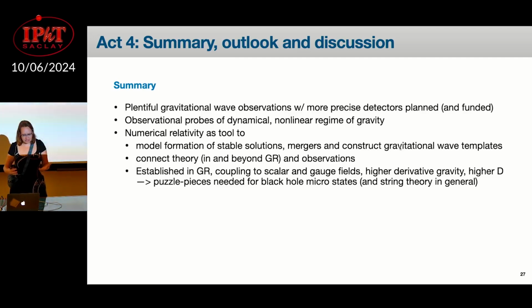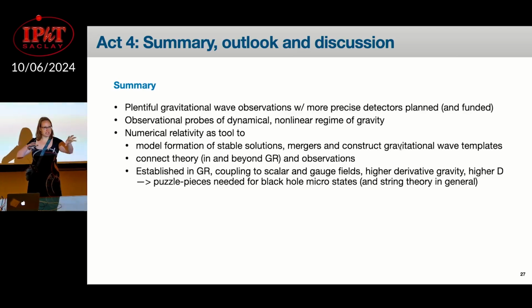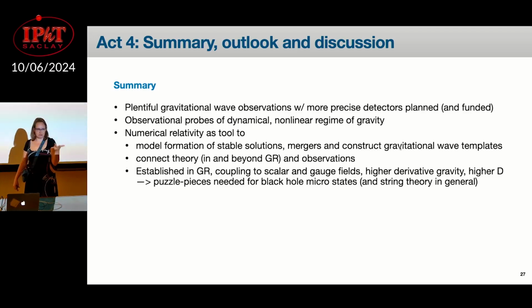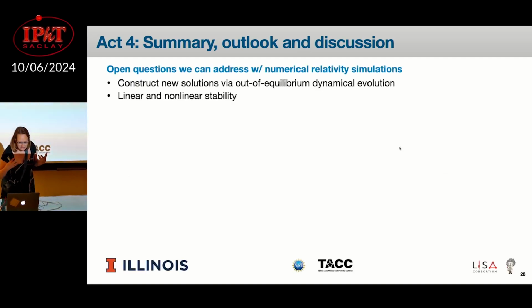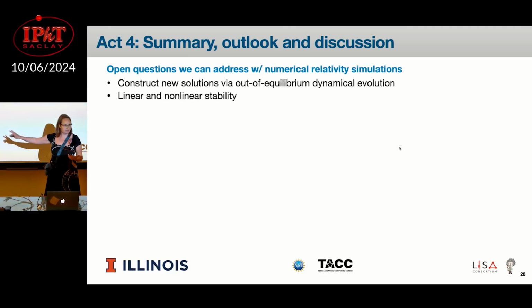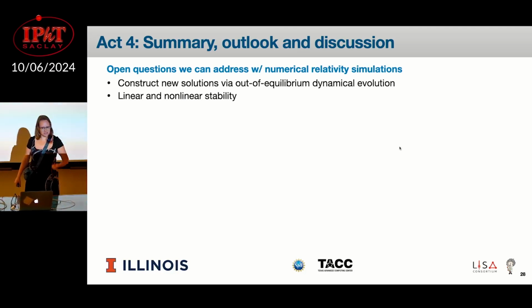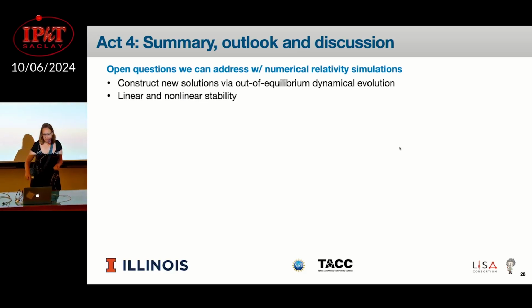and we have different puzzle pieces. We know how to do scalar fields, we know how to do gauge fields coupled to gravity, we know how to do some higher derivative gravity models, we know how to do some high-dimensional simulations. So what I want to argue is that we can actually address some of the open questions in the microstate geometry program, such as new dynamical solutions, nonlinear and linear stability, and if there's instability, the new end state with numerical relativity.